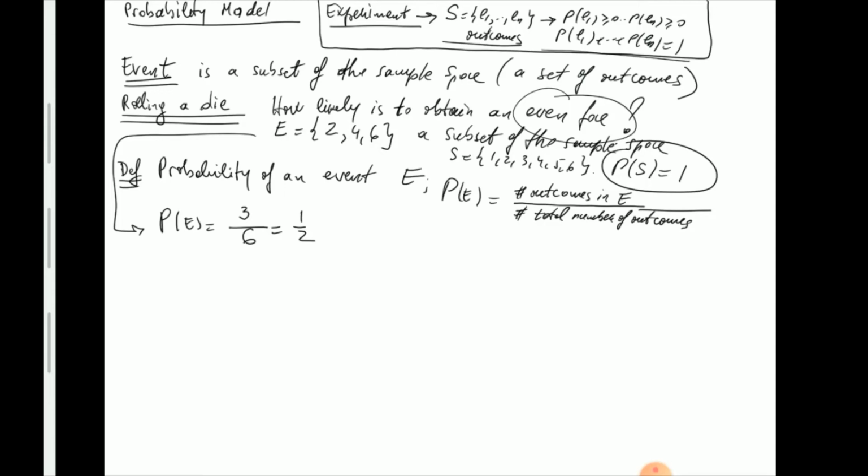What we're going to do from this point on is compute probabilities of events, and we're going to use special formulas when the number of outcomes is not easy to count. This is essentially the whole crux of the matter. If it was easy to compute the number of outcomes in the event and the total number of outcomes in an experiment in all cases, you wouldn't need much of a theory, so to speak.